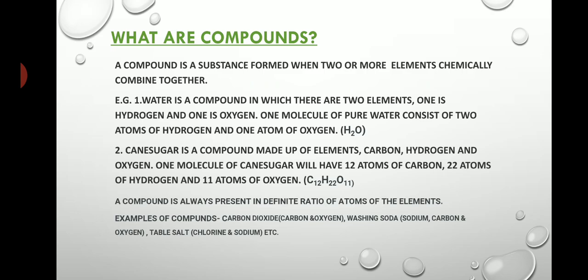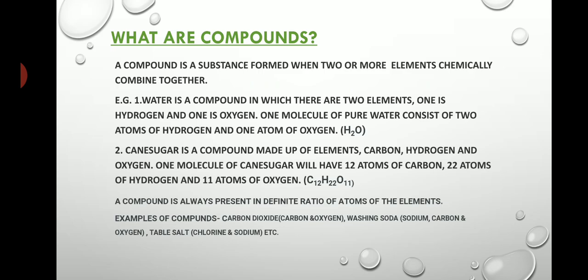And the formula of the compound water is H2O. Why is there a small 2 written under H? It represents the number of atoms of hydrogen in water. So the number is 2. And you can see there is no number written after O, or oxygen.